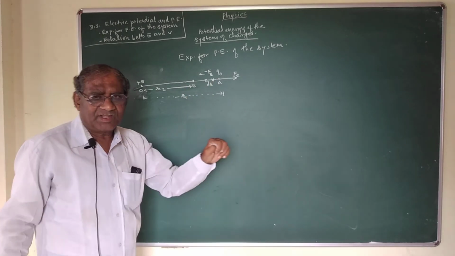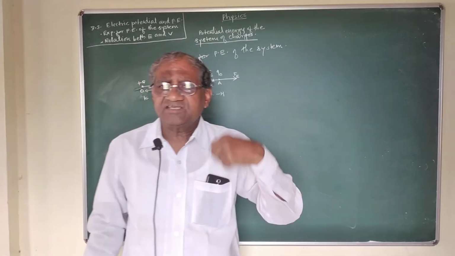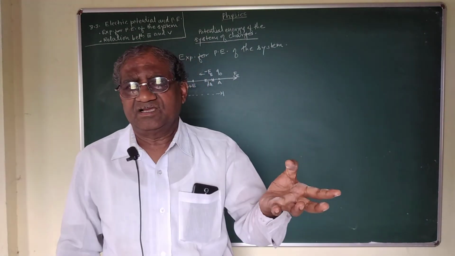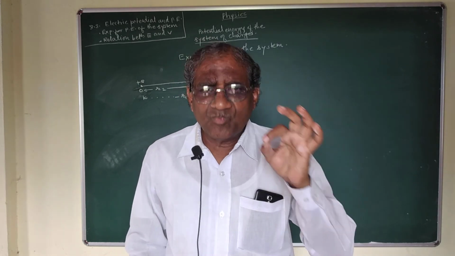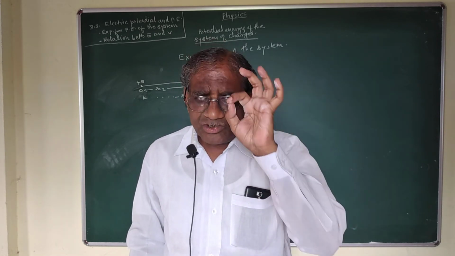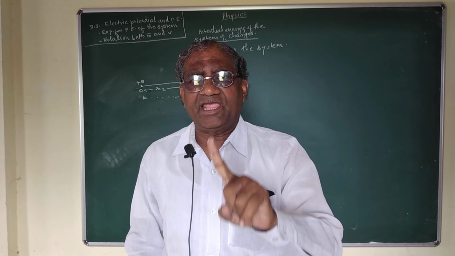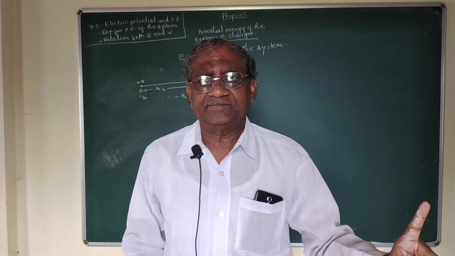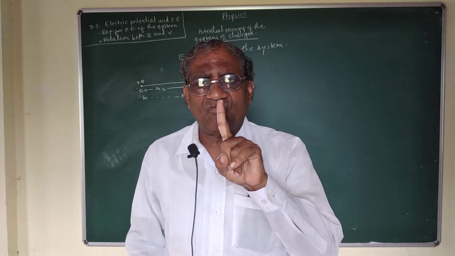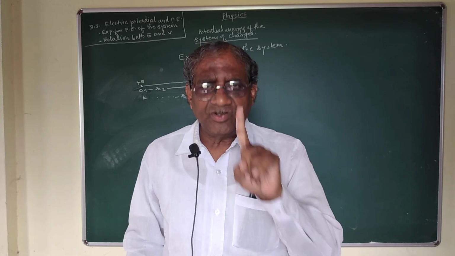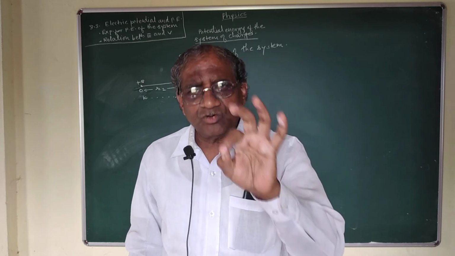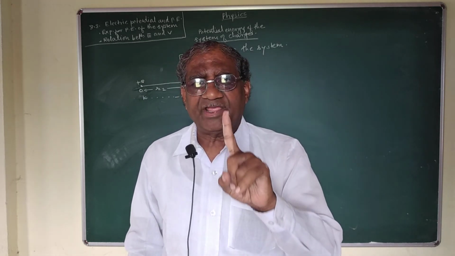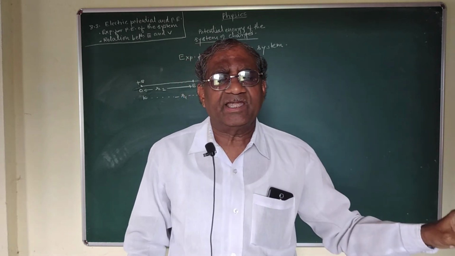This is our aim. To find the change in potential energy of a given system, we must move a Q0 charge from point A to point B. Some amount of work is required to move the Q0 charge from point A to point B.